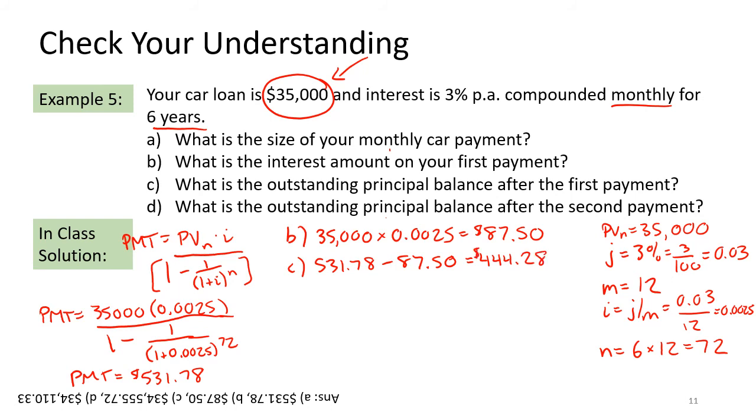Okay, so if you do that, now you have to subtract that value from your principal. So in this case, it's our first payment. The loan we took out is $35,000. We haven't made any payments yet. And then we can subtract the amount that comes off as principal. And if we do that, you get $34,555.72.